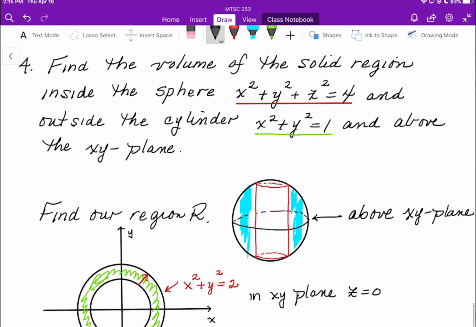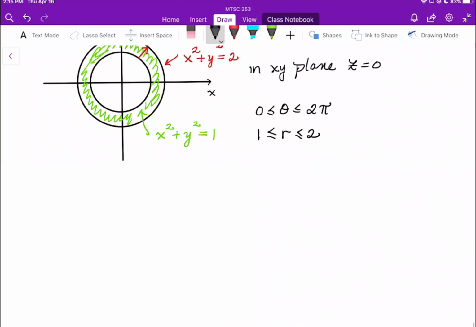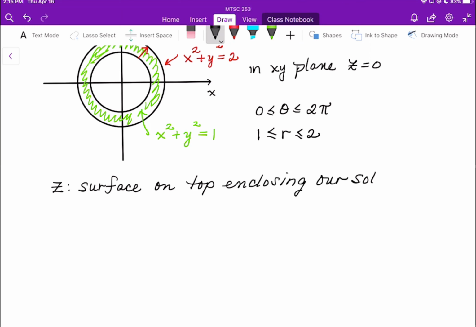Now our surface over top that's enclosing our solid is z equals the square root of 4 minus x squared minus y squared.